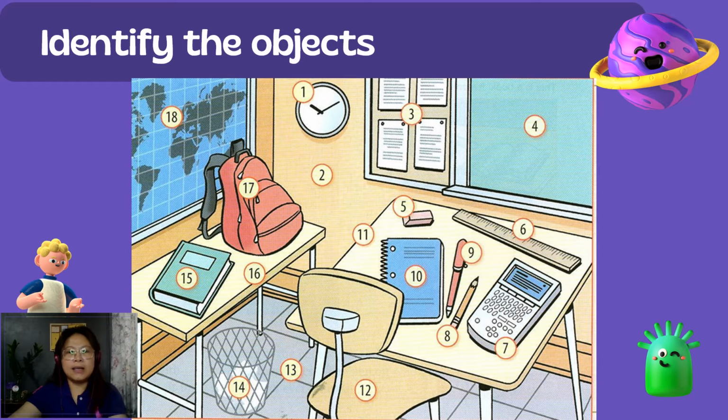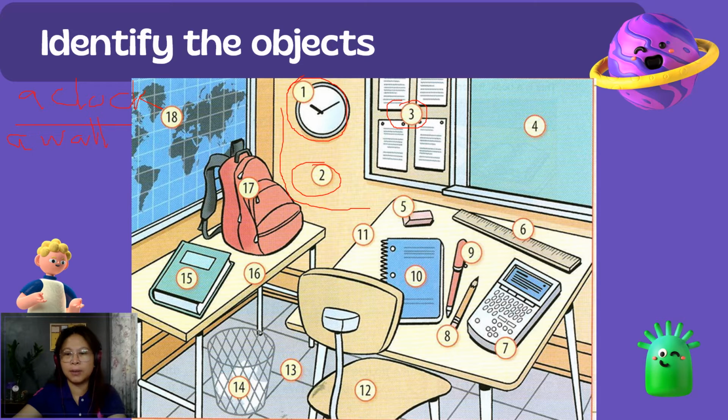So let us identify these objects inside the classroom. Number one, we have a clock. So inside the classroom, there is a clock. Number 2. What is number 2? It is a wall. Yes, this is a wall. Number 3.